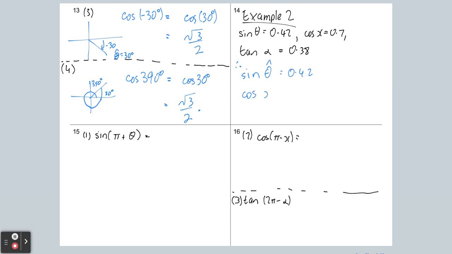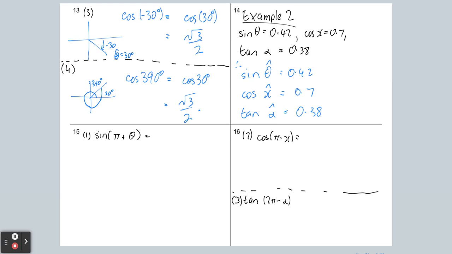The cosine of x hat is equal to 0.7, and the tan of alpha hat is equal to 0.38. Generally speaking, whatever values you're given, the hat, the reference angle, the base angle will be these values as well, but without plus or minus in front of them.